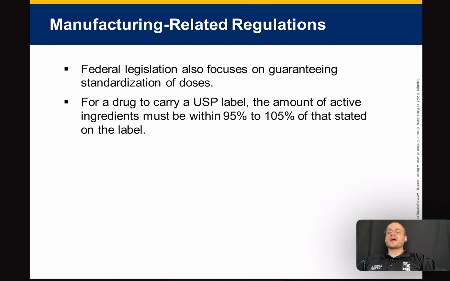So, manufacturing related regulations. I don't really have a lot to add on this. For a drug to carry a USP label, the United States Pharmacopeia label, the amount of active ingredient must be within 95 to 105% of the stated label. So it's 100% plus or minus 5%. Remember me talking about vitamins that say they're USP recognized?